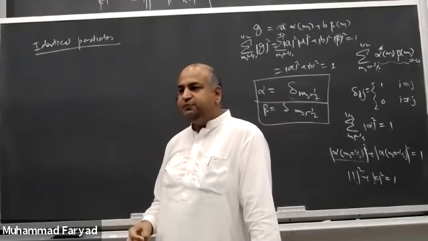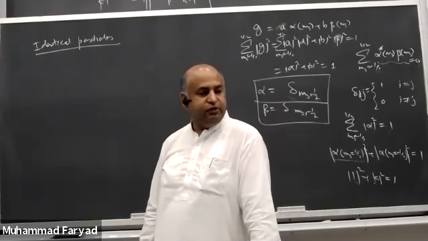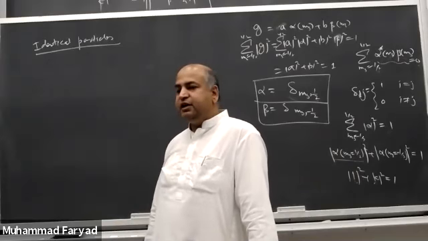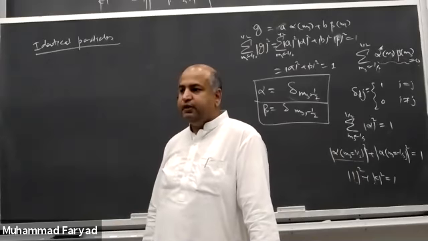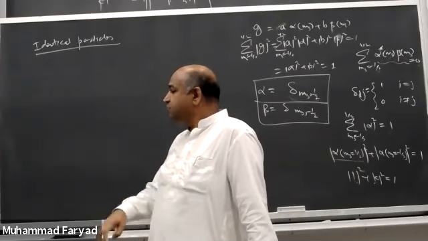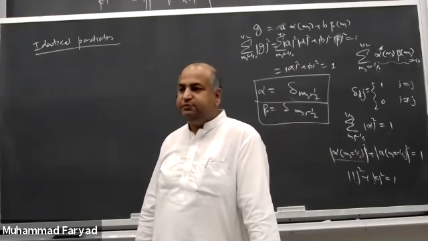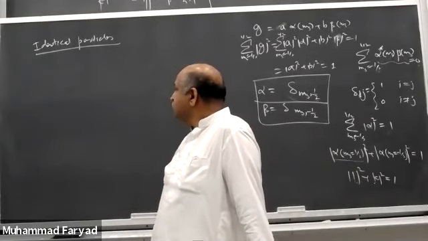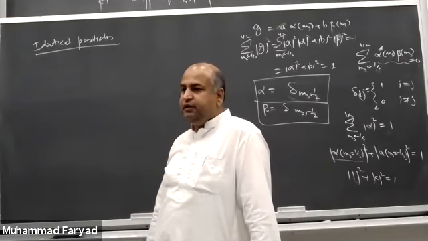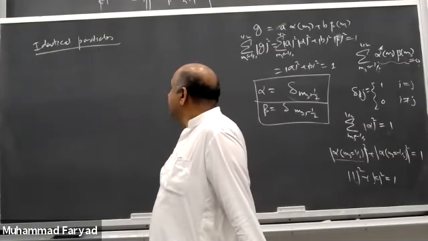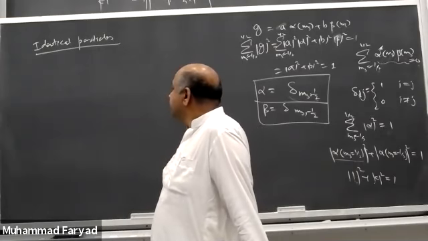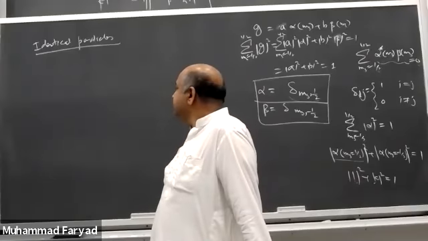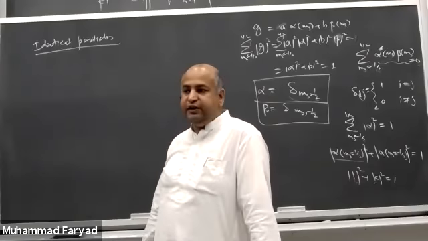So each particle is distinguishable. But quantum mechanically, particles are not distinguishable in general, because when they're close by, we can't really track each particle individually. So our math should reflect this physical reality, that our wave function should have the properties, observable properties, that are invariant to the exchange of identical particles.